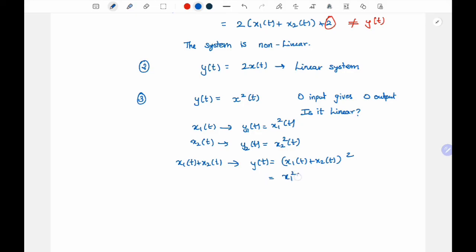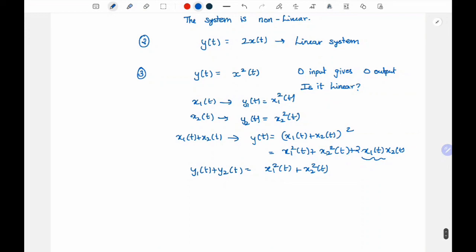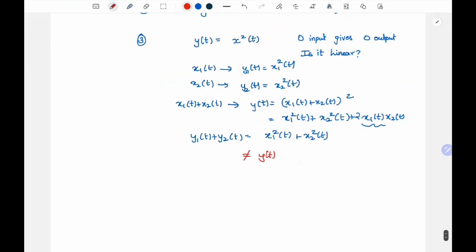So this is x1 square of t plus x2 square of t plus 2 times x1 of t, x2 of t. But y1 of t plus y2 of t is nothing but x1 square of t plus x2 square of t. Only this. So this extra term comes. So then this is not equal to y of t. Right? So this is again non-linear.